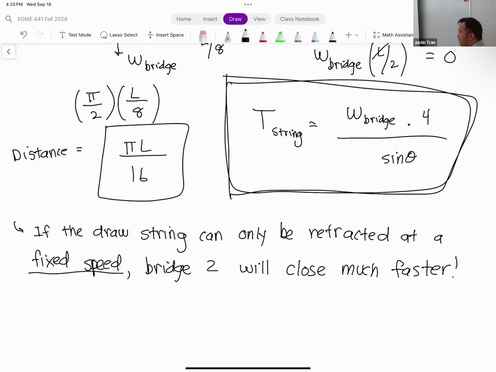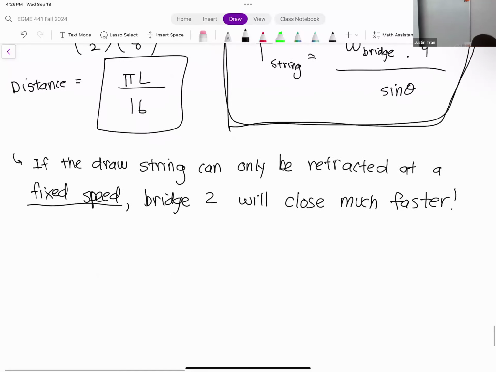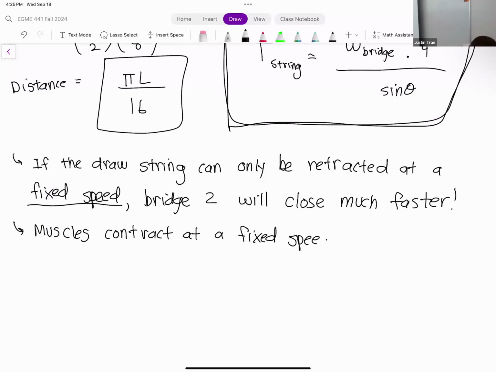And usually that's the case too. And in fact, your muscles work exactly the same way, right? Muscles can only contract at a fixed speed.